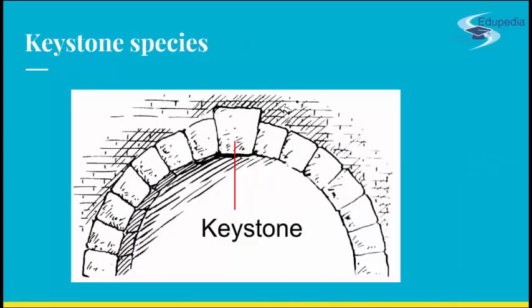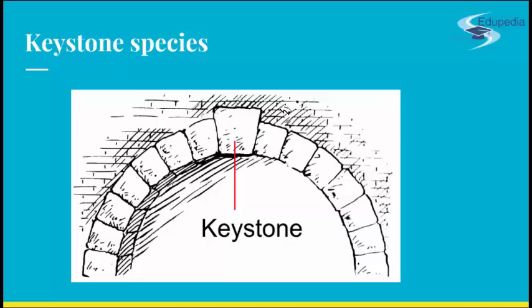The concept of keystone species, as shown in this nice image, is that the keystone is something that holds the whole thing together. So if you remove a single thing in the system, everything will fall apart and crash.